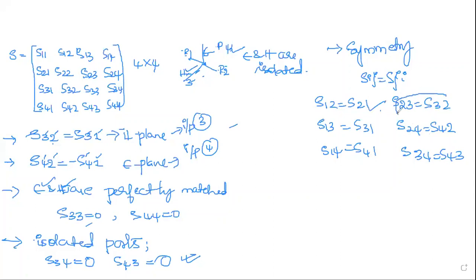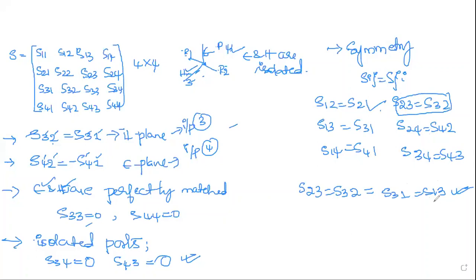But what does this property say? S23 is equal to S32, but you also know S32 is also equal to S31. This is again equal to S13. So this is one simplification.